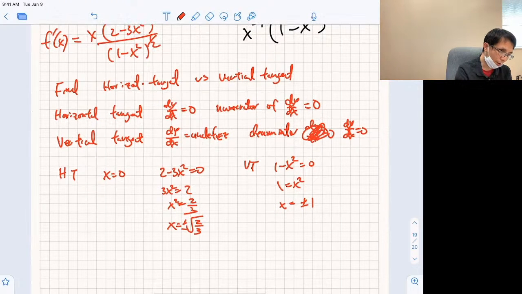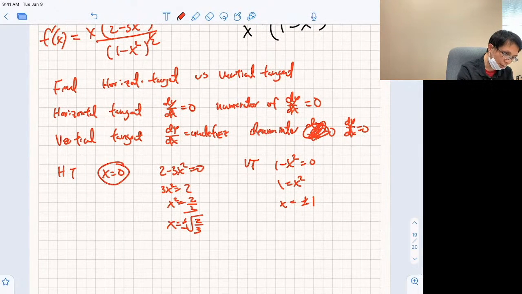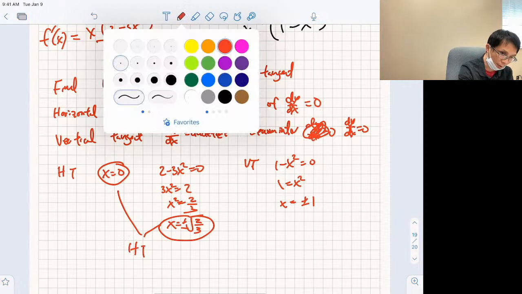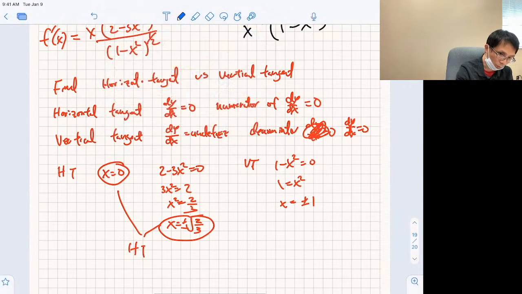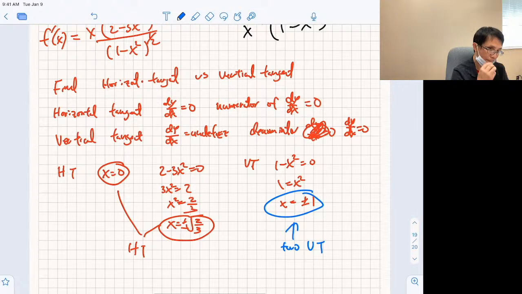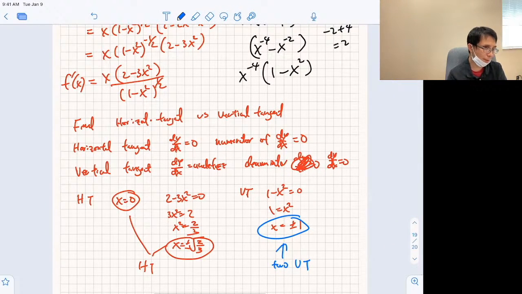So there are 3 HT, and there are 2 VT. Just ignore the exponent, right? Exponent doesn't matter, because that 1/2 doesn't do you any good.